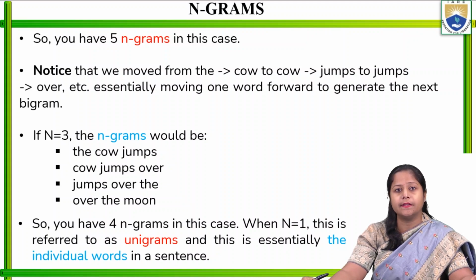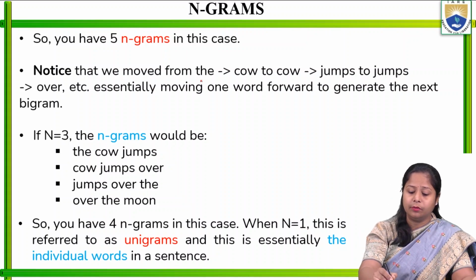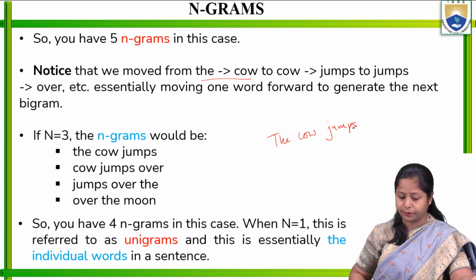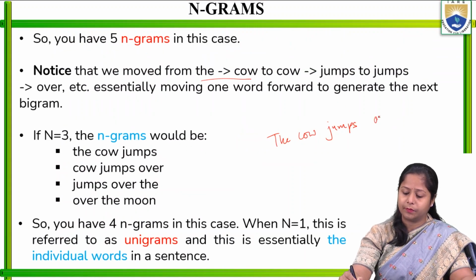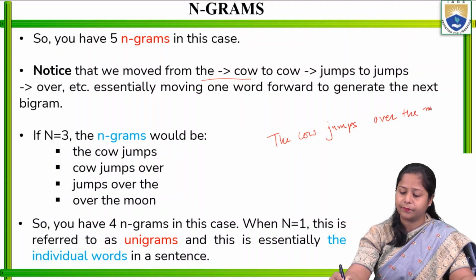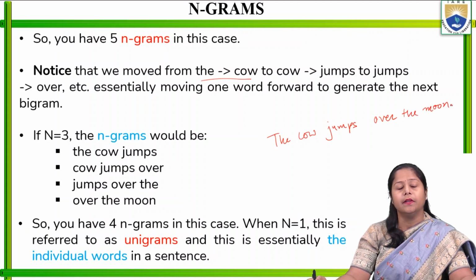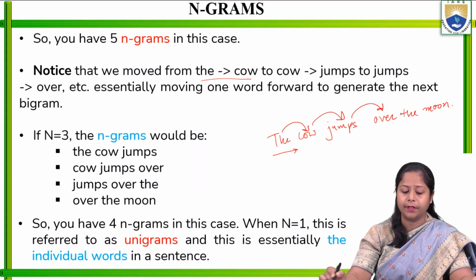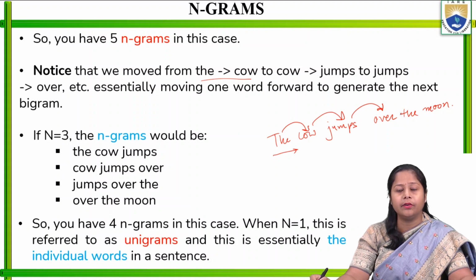Notice that when we move forward from the to cow, cow to jumps, and again from jumps to over, we are essentially moving one word forward to generate the next bigram.